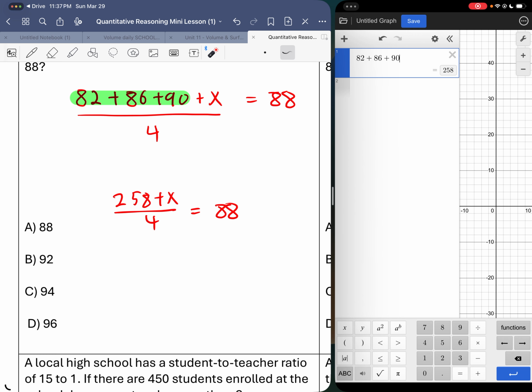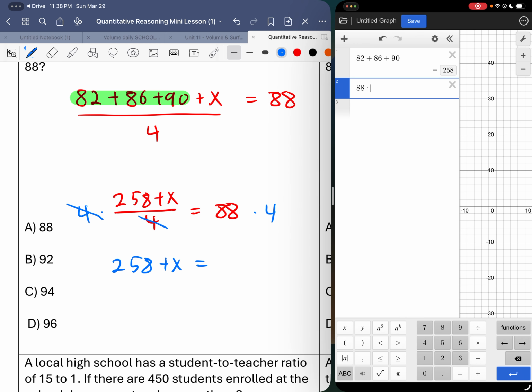Another way that you can do it is you plug in every single one of the answer choices and see which one actually gives you 88. But with a four function calculator, that's going to be a little bit challenging. So what I'm going to do is I will just solve for x. Multiply by 4 on both sides. So I have 258 plus x equals 88 times 4.